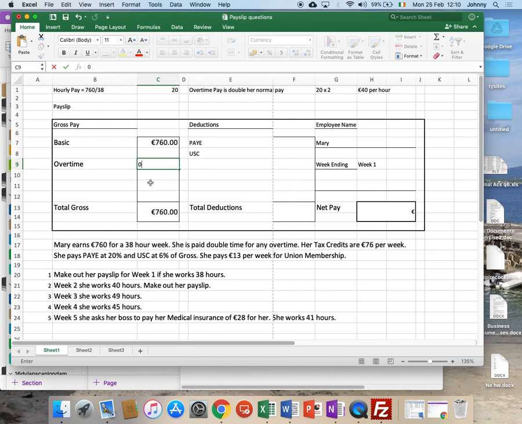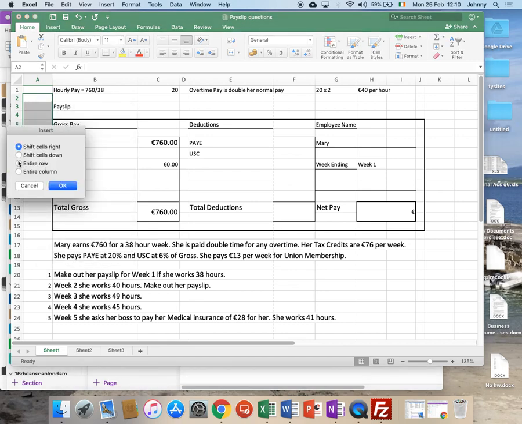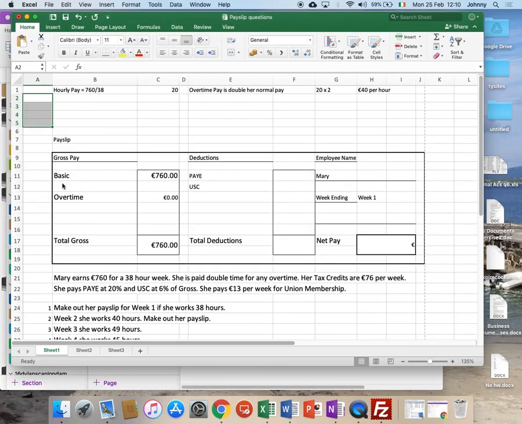So our total gross is our overtime, which is nothing, plus our basic, giving our total gross of 760. We have to work out our PAYE. So PAYE is a bit more difficult, so I'm just going to skip down a few lines here so that I can go and show the calculations of how we work out our PAYE. So I'll do a full new row in here. So PAYE.